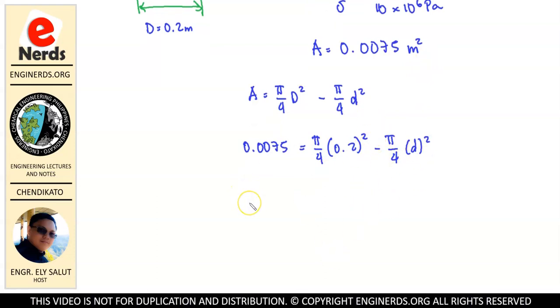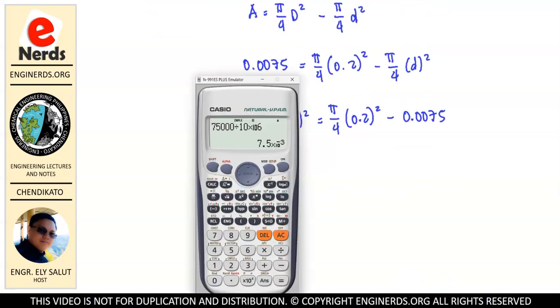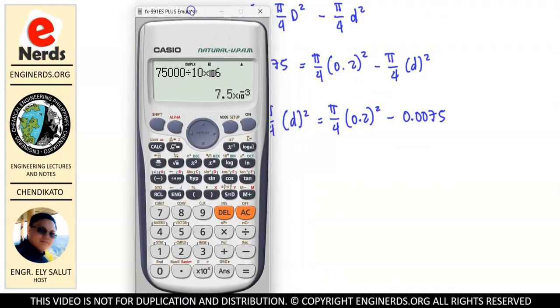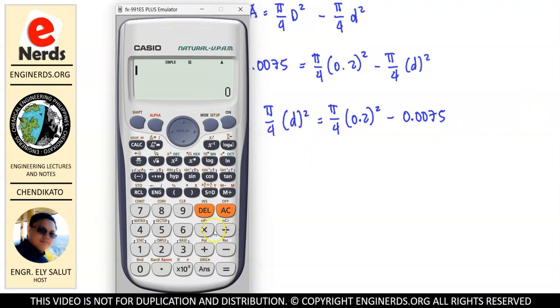So, let me isolate that. So, I will have pi over 4 d squared is equal to pi over 4 times 0.2 squared minus 0.0075. Okay, so solvein muna natin itong nasa right side ng ating equation para mas luminis-linis itong ating screen ngayon.